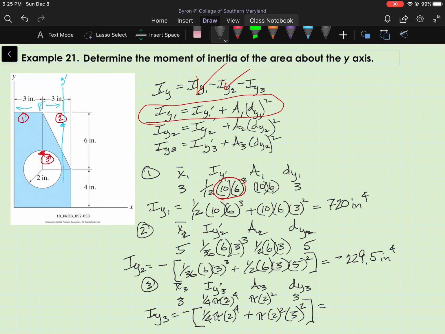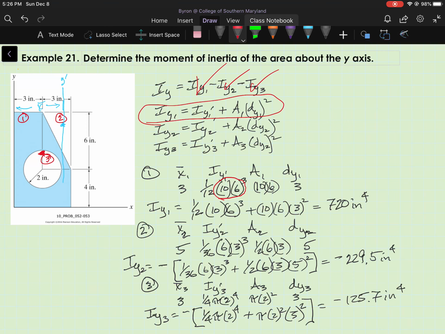Okay. We do that math and we get minus 125.7 inches to the fourth. So we now have the third term in the equation that we wrote at the beginning of the problem to express I sub y, the moment of inertia of the entire area about the y-axis.